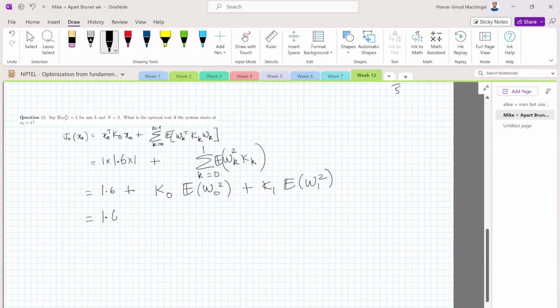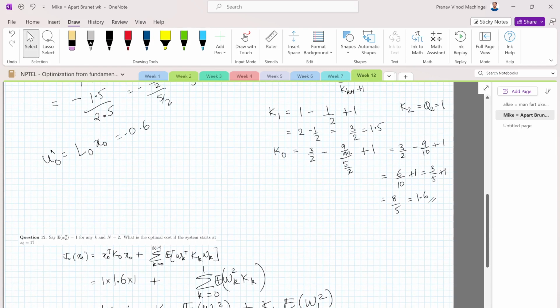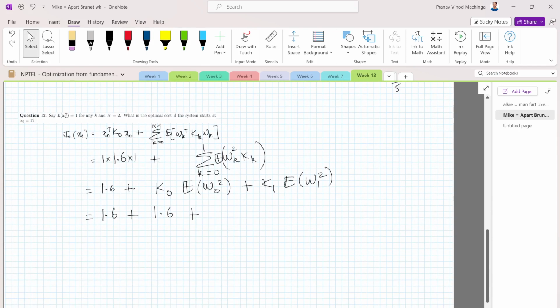So this is 1.6 plus this term is given as 1, and K0 is 1.6 and K1 is 1.5. So I get 4.7. Okay, so this answer is 4.7.